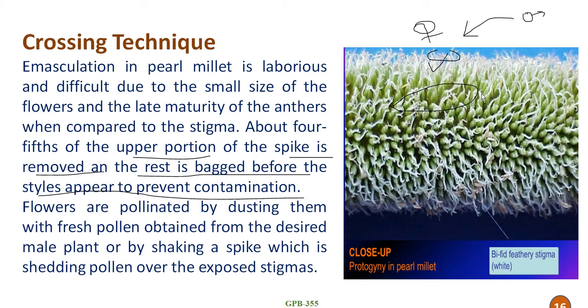So for producing the hybrid, there is a technique: suppose this is the earhead or spike of bajra, then about 4/5 of the upper portion is removed and the remaining one is bagged, so that only females are available in the particular female plant.